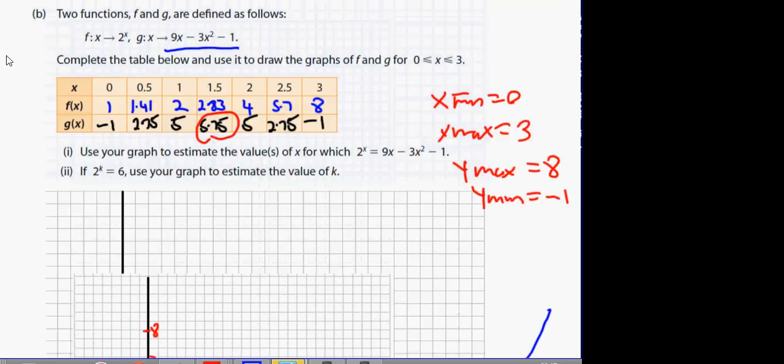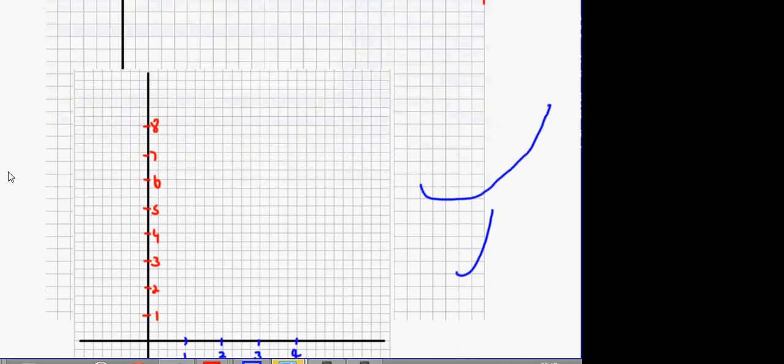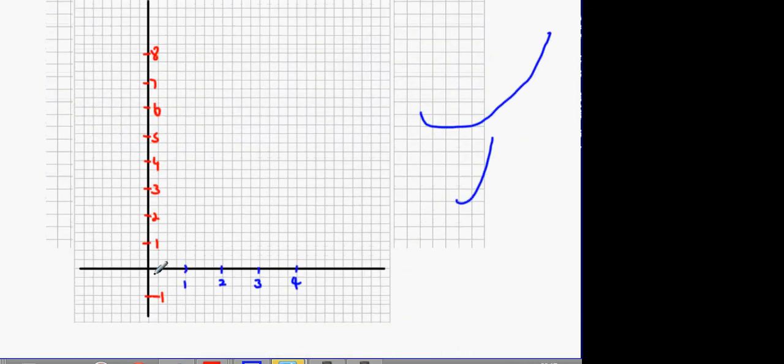0, 1. Okay guys, so 0, 1 is the first one. What's the next point? 0.5, 1.41.